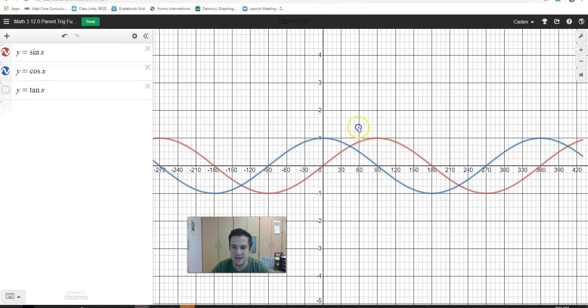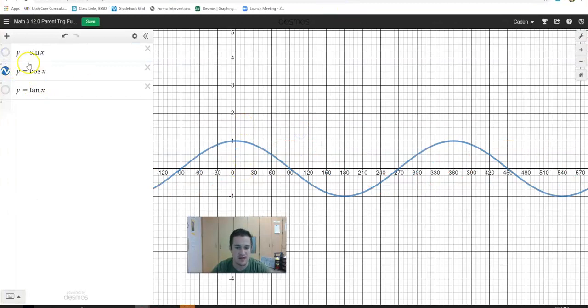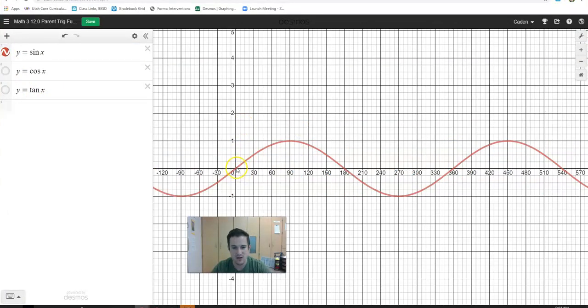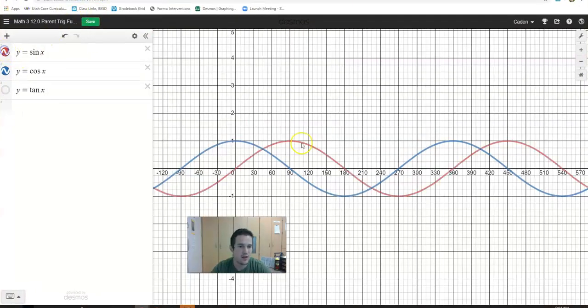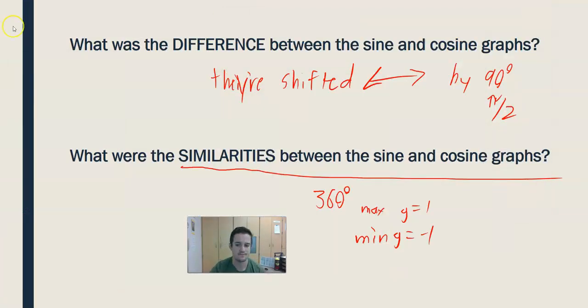Notice my sine function started at 0, went up, down, and then back to 0 again over 360 degrees. My cosine function started at 1, went down, back up, and hit +1 at 360 degrees. And they both never get higher than +1, and they never get lower than -1. If I were to draw a line right here at 1 and -1, those are some of the similarities between the sine and cosine graphs.